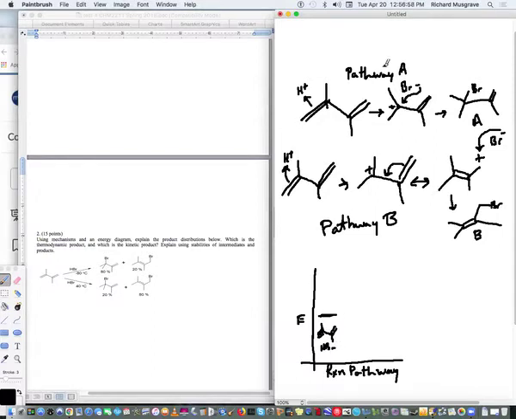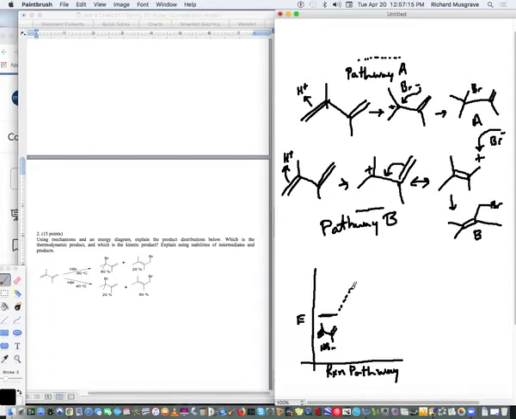Now, pathway A, I'll denote with a dotted line. And pathway B, I'll denote with a solid line. Right, so this is how it's going to look.